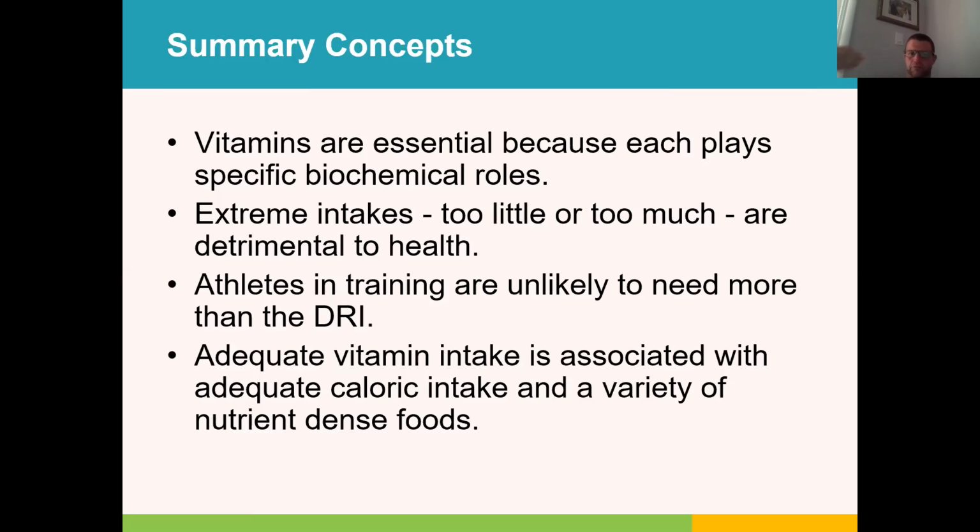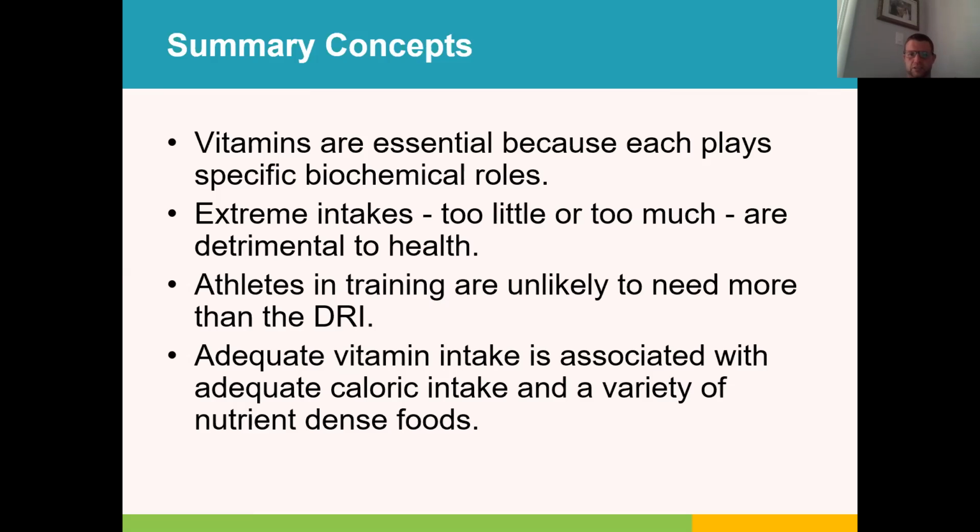If you're exercising a lot and have good water intake, more than likely you're still going to have trouble getting in too much, because water soluble vitamins you're going to excrete at higher amounts than the fat soluble vitamins. Athletes in training are unlikely to need more than the dietary recommended intake.